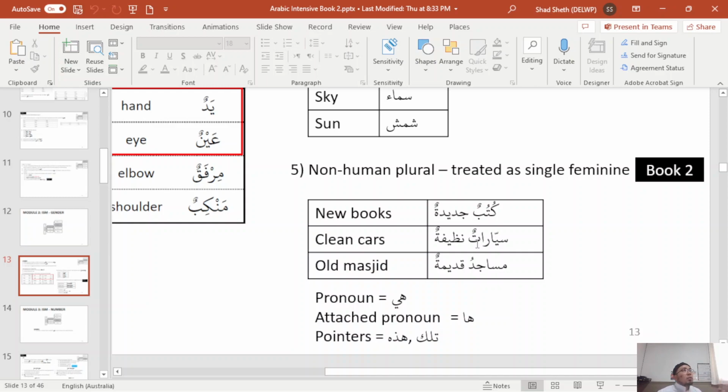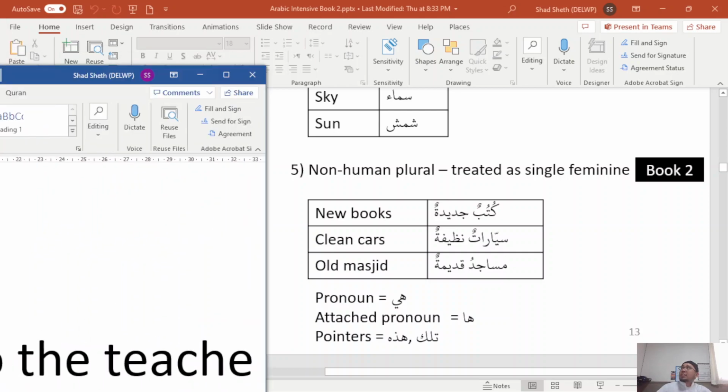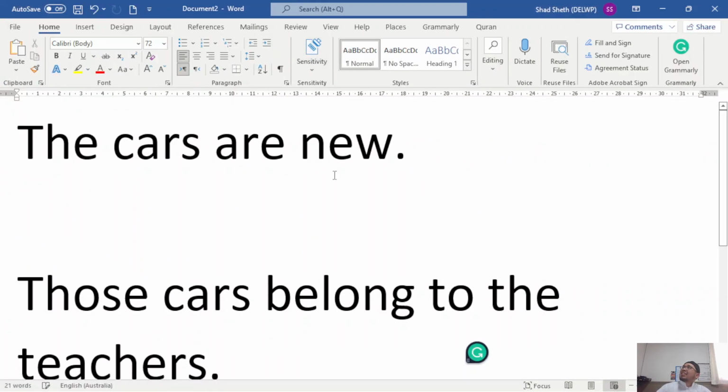Alright, so now we want to say, the cars are new. How do you do that? Again, remember, if it is ghairu aqil plural, treat it as singular feminine.